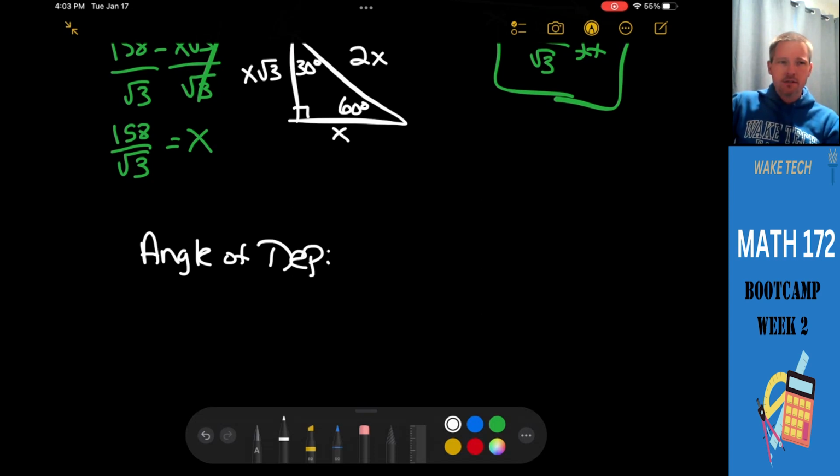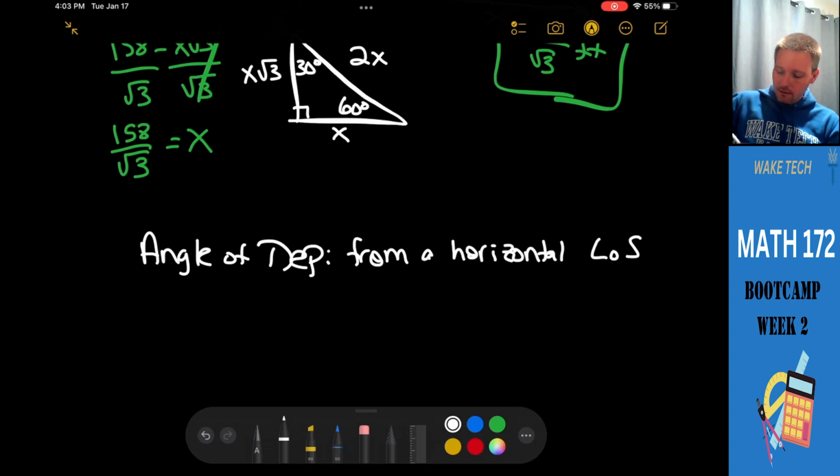From a horizontal line of sight, lower your gaze. I don't know a better word; I shouldn't use depress, though. I don't want to use line of sight.